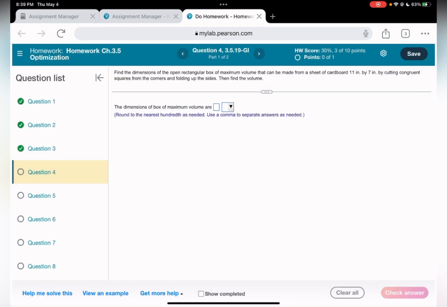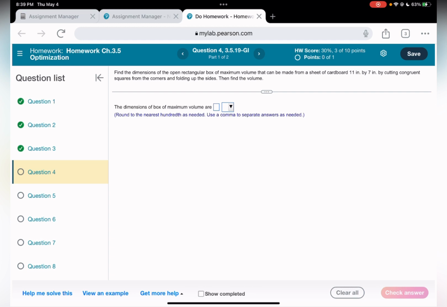Well done. Moving to question number 4. So here we need to find the dimensions. Okay, let's see how we're going to solve this one. Find the dimensions of the open rectangular box of maximum volume that can be made from a sheet of cardboard 11 inches by 7 inches.